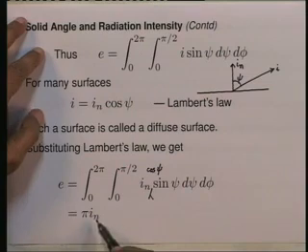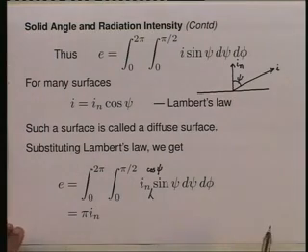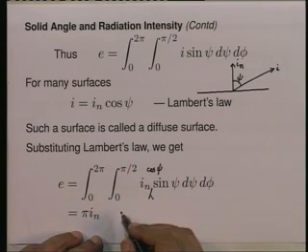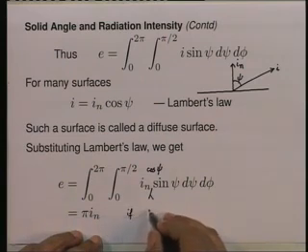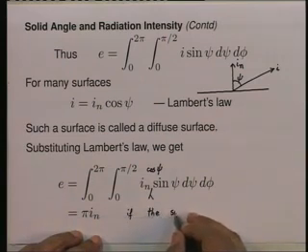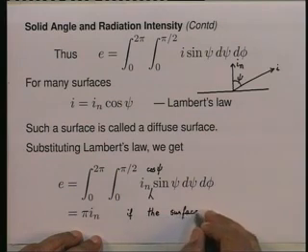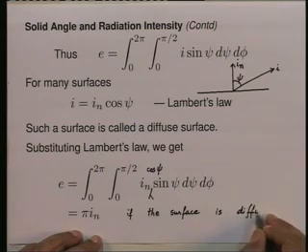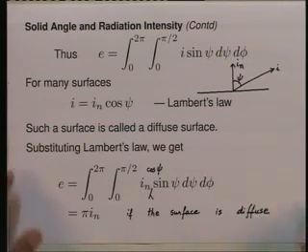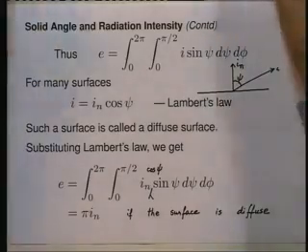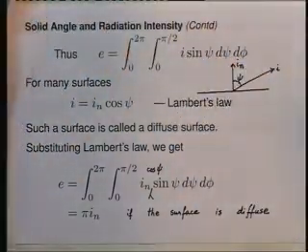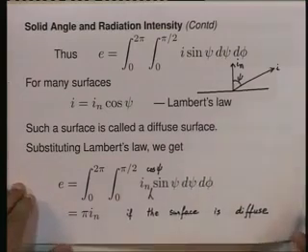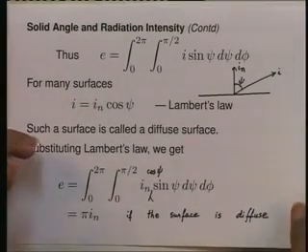That means the intensity in the normal direction multiplied by pi is equal to the emissive power of the surface if the surface is diffuse. E is equal to pi times I n if the surface is diffuse, and we will make this assumption, as it is made by most people. So we will always relate the emissive power to the normal intensity by this expression, assuming Lambert's law to be valid.